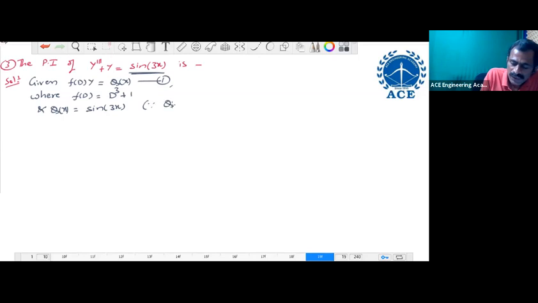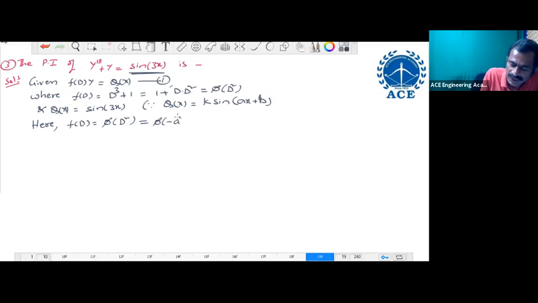Since it is in the form of q of x equal to k into sine of ax plus b formula, a equal to 3. Check f of d equal to phi of d square. Here 1 plus d cube means 1 plus d into d square. This is equal to phi of d square only.